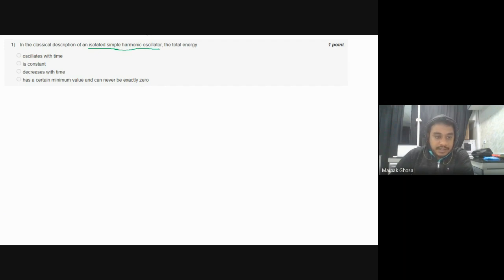So you have to find the energy of the system and see if it is changing with time, decreasing with time, constant, or has a certain minimum value and can never be exactly zero. You can find this reference in lecture number 29, where it was discussed what the total energy of this isolated harmonic oscillator should be.